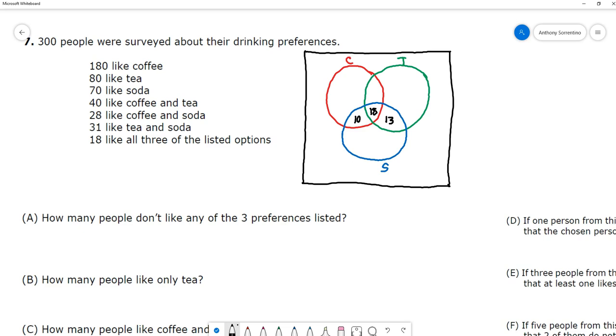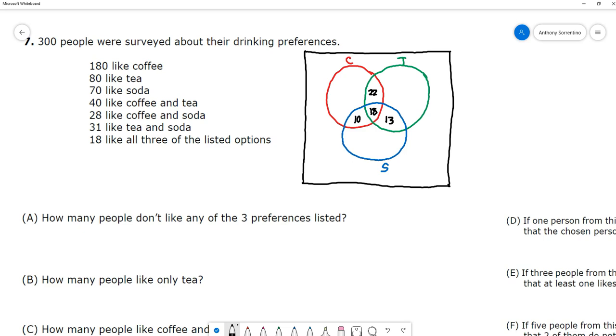That's a combination of the red and green circles. But again, 18 of those are those that like all three. So those that only like two of them, the coffee and tea, would be 22. Because I have to make sure that the overlap between the green and red circle totals 40, but some of that also includes an overlap with the blue circle as well.